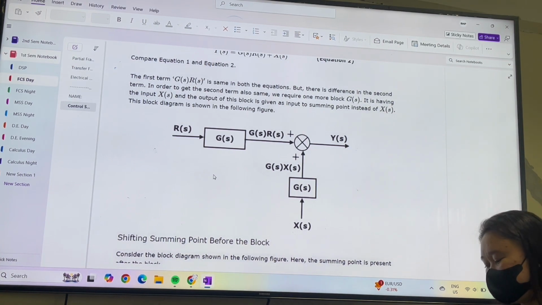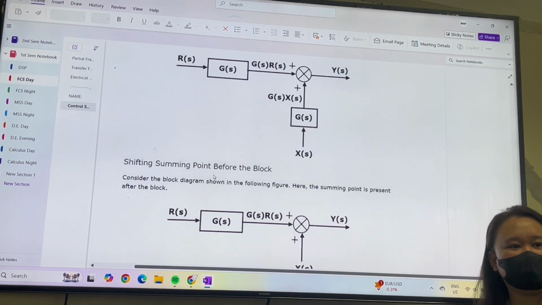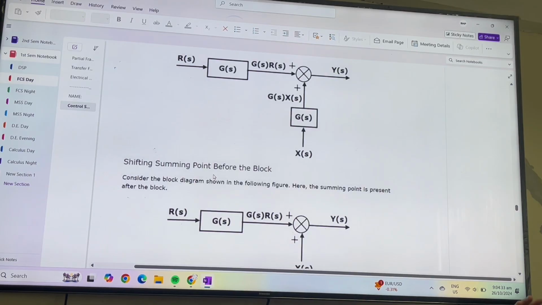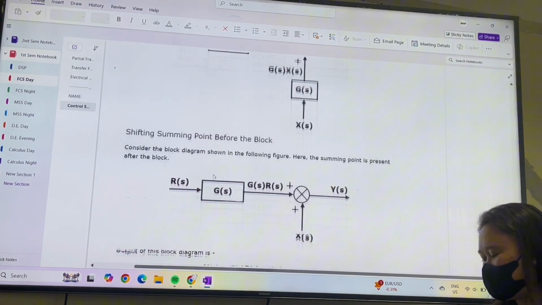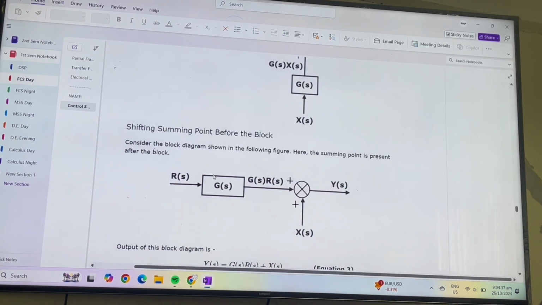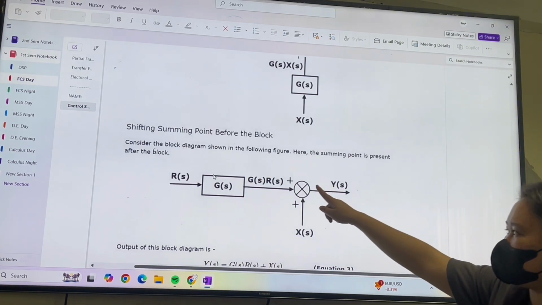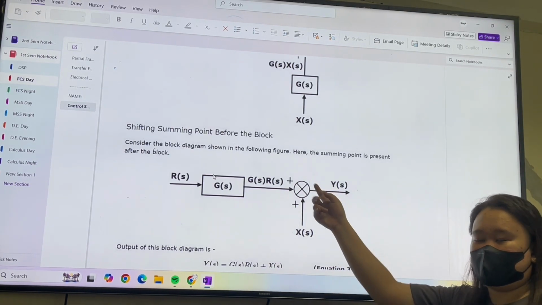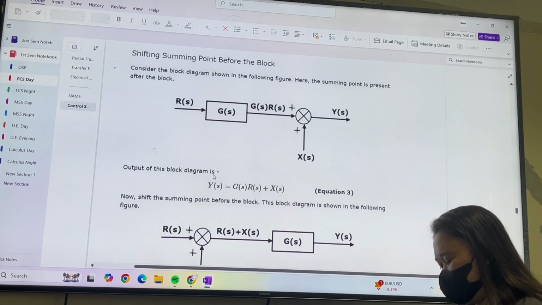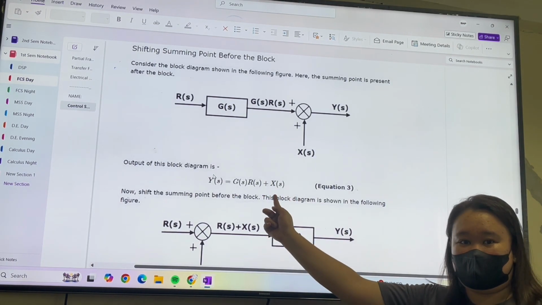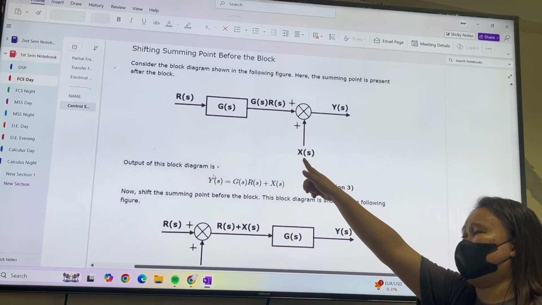Next subtopic, before the block. Our topic earlier was after the block, now it is before the block. Okay? The past is here. In the future, the equation is GSRS plus XS.